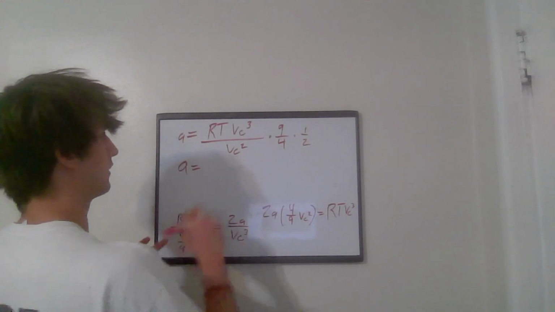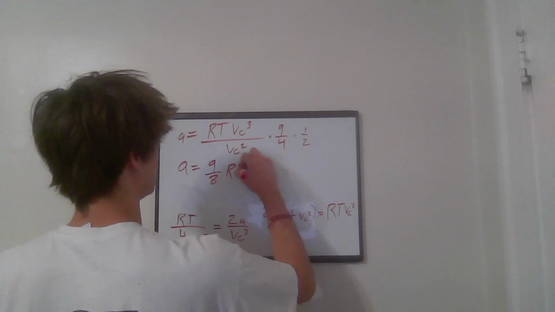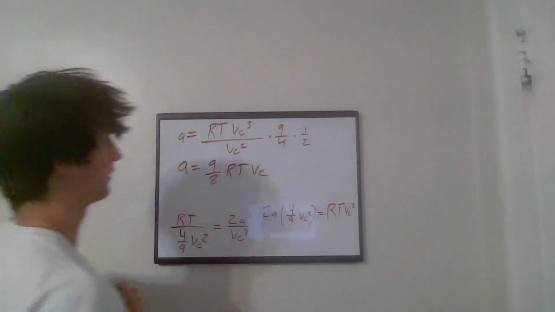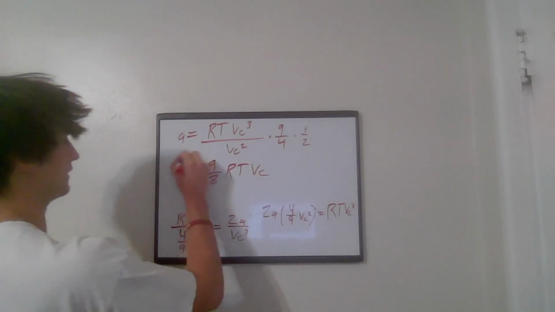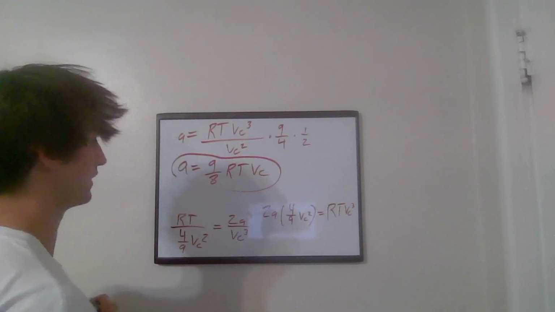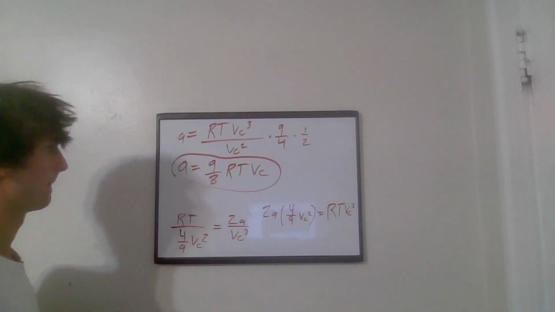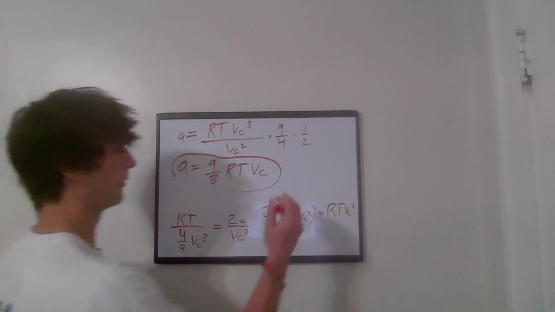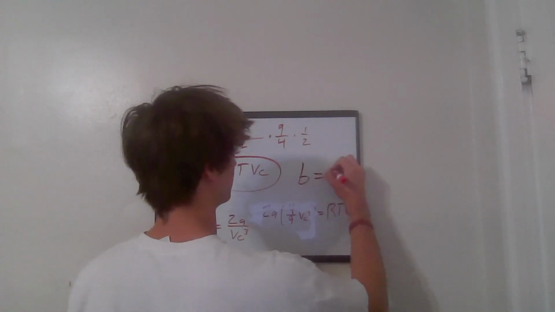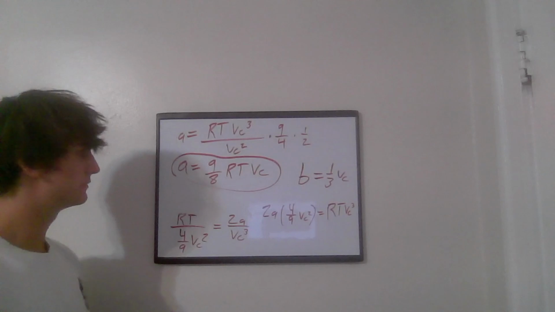So let's say 9/8 RT VC is equal to our A. And this is our A value, and then we've already found our B value earlier. We found our A, and our B we also found as 1/3 VC. So we have our A's and B's.